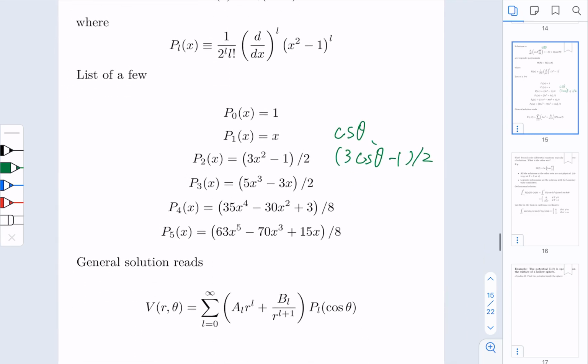Now, if we combine the solutions on the radial and also the angular part, we arrive at the final general expression. On the radial part is r to the L, plus 1 over r to the L plus 1. And on the angular part is the Legendre polynomial of cosine theta.